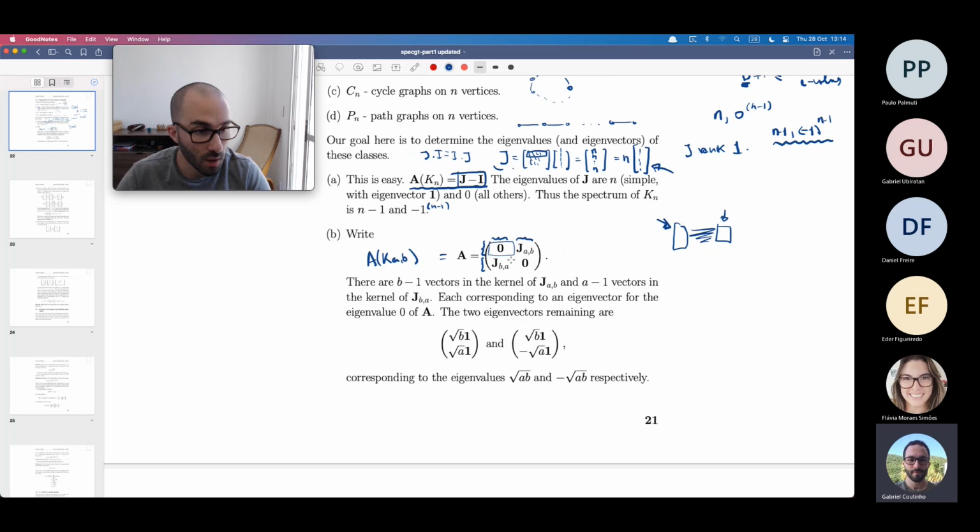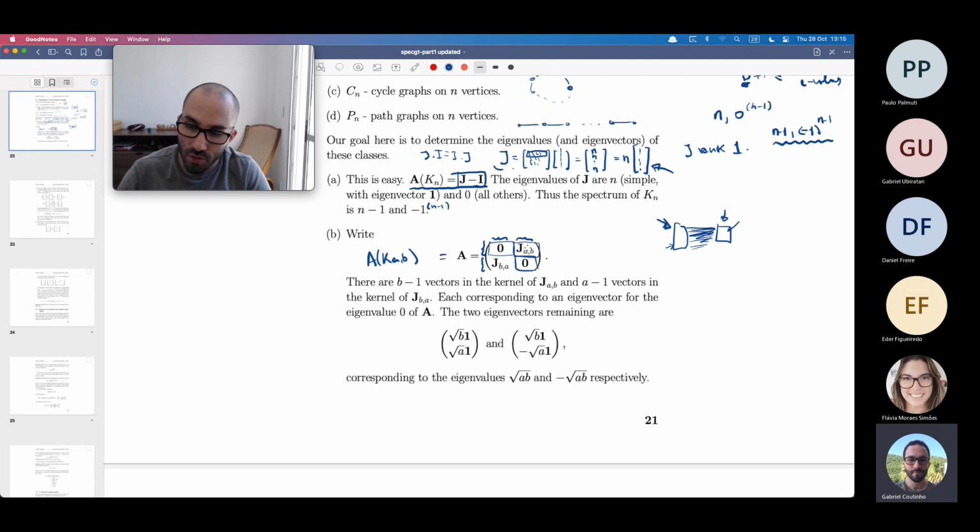So, of course, again, yes, exactly. I'm answering the question on the chat. Yes. So this block here corresponds to the fact that there are no edges in here. So I'm simply listing all the vertices on one side and then all the vertices on the other, and I have these blocks of 0. And because I have all edges between them, this thing here is a block of 1s.